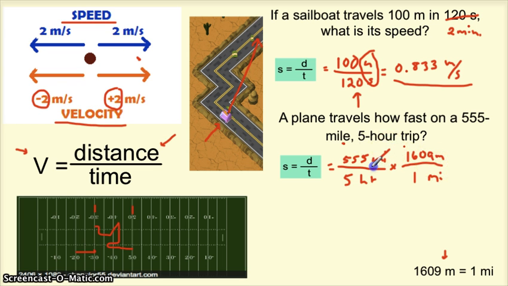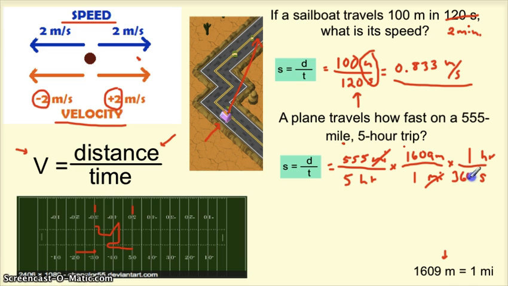So that cancels out the miles, and we have meters up here, but we have meters and we have hours, so we've got to get rid of the hours. So we have to make sure to put the hours diagonal to it. So how many hours will get to seconds? You may remember that there are 3,600 seconds in 1 hour.